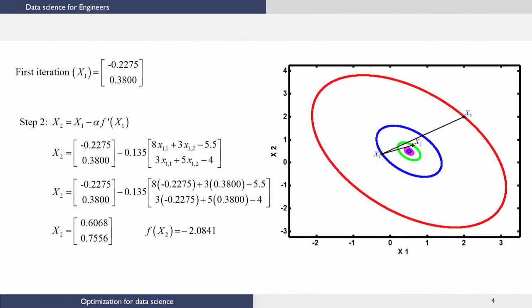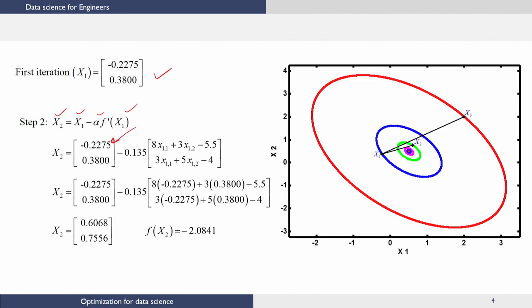Now, let us proceed to the next iteration. The next iteration is pretty much exactly the same. What you can see here is that we now start with x 1, which we identified from the previous iteration, and x 2 is x 1 minus alpha f prime x 1. So, pretty much we are doing the same thing.